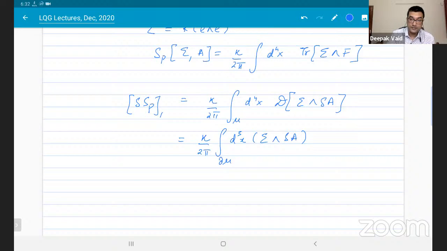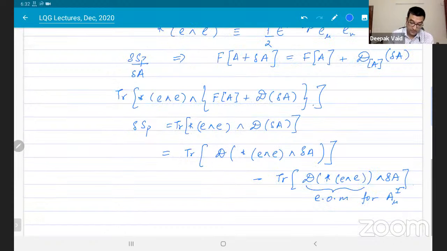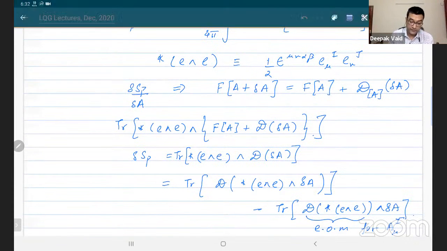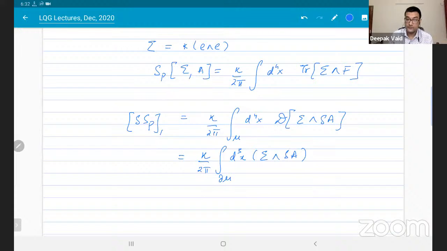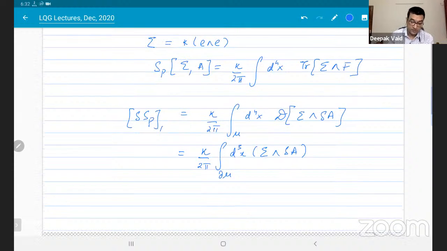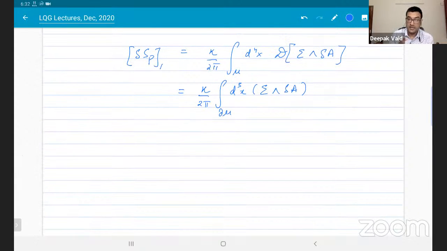No, sir, it is delta A, because when I look at this F, with the Palatini identity, I get the covariant derivative of delta A. So it is sigma wedge delta A, not sigma wedge delta F. Now I think what you're saying, I'll come to that in a second.